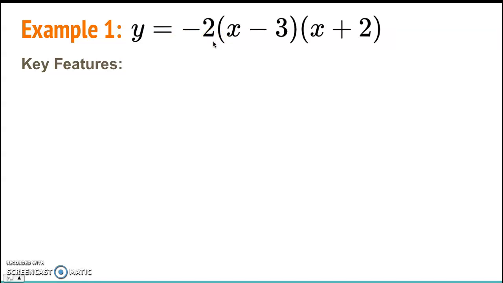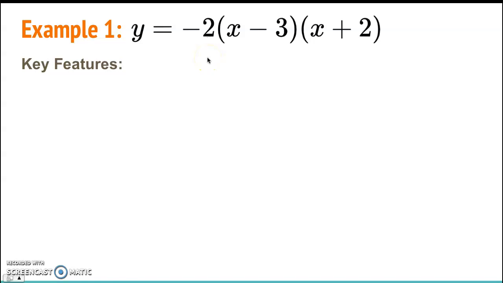That's a good thing to identify in the beginning, just like with standard and vertex form, because you can tell if you're making an error if you plot the points and it's not going in the direction it should. This 2 also tells us that if we put the parent function on the same coordinate plane, our graph is going to look narrower than the parent function.